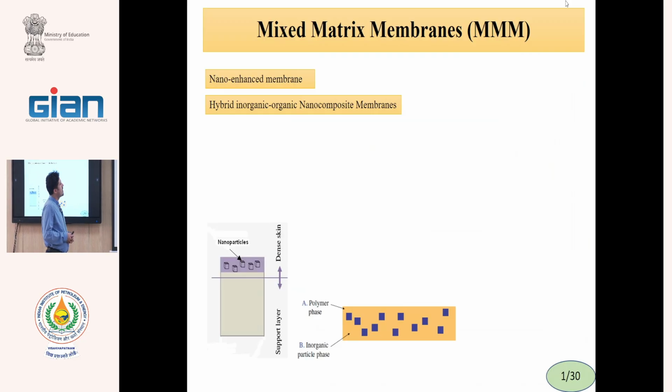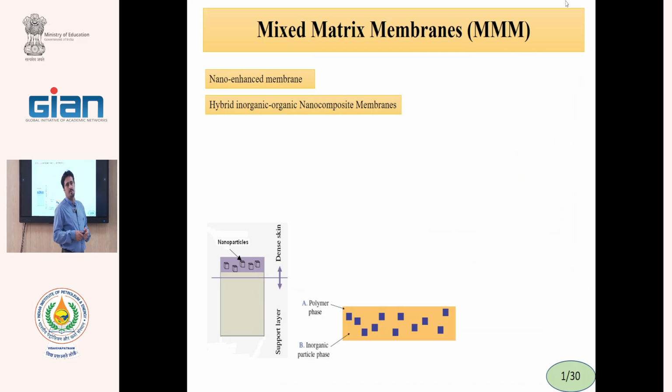Therefore, in this lecture, I try to introduce different types of nanomaterials and their applications in membrane fabrication. I published more than 200 papers about the use of nanomaterials in membrane fabrication.